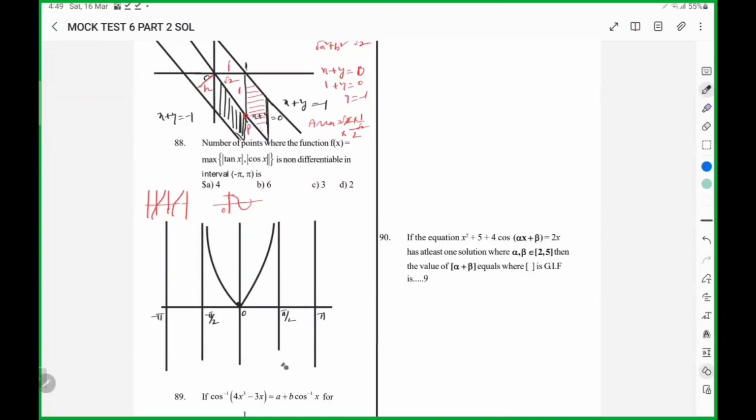Actually, the tan graph will be, since it is modulus, so the graph comes like this. Similarly here, so this graph will be like this.